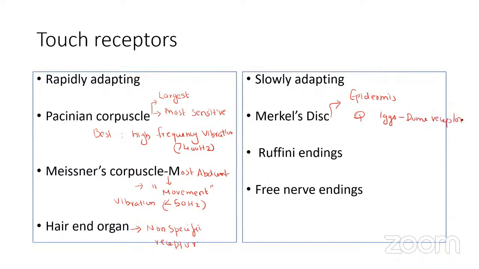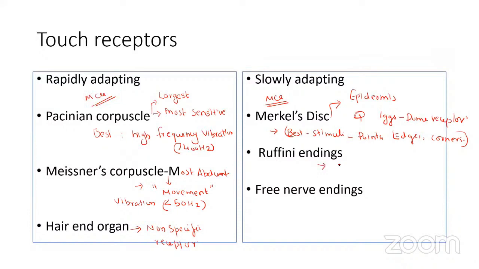The best stimuli are points, edges, and corners. So which is the Iggo dome receptor? That is Merkel's disc. It is a very important question. The Pacinian corpuscle is also another important receptor.